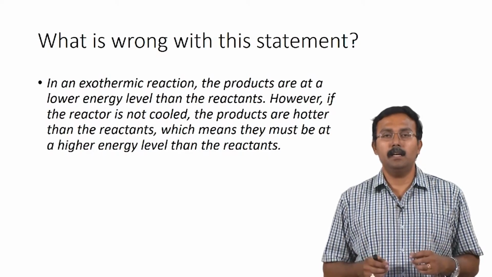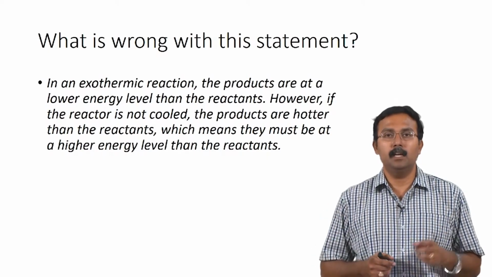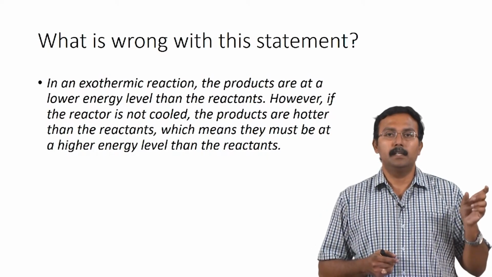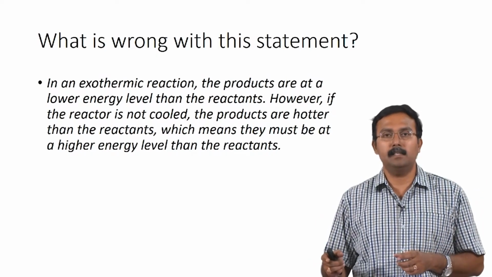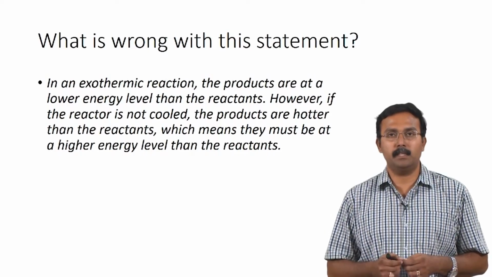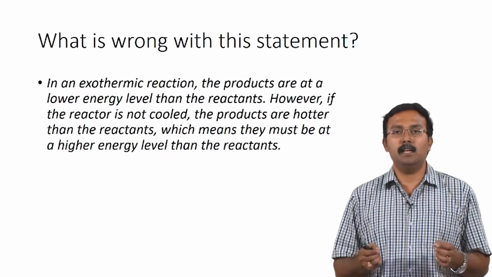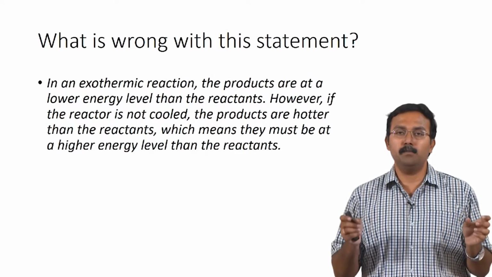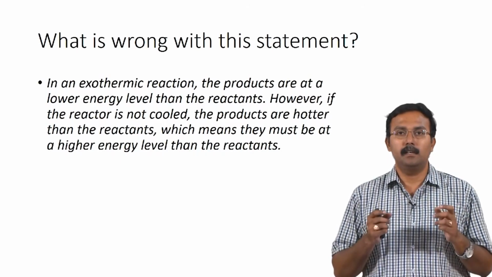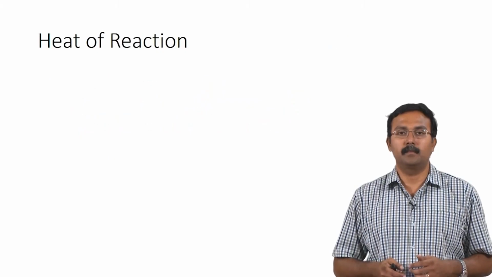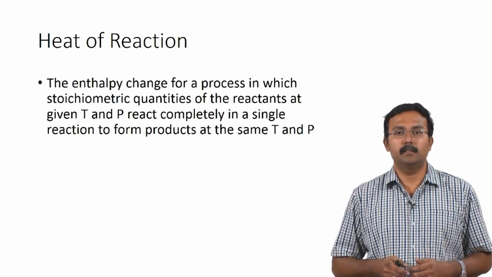Similarly, here for understanding the heat of reaction, we have to assume that the products are formed from the reactants at a constant temperature and pressure, and the change in enthalpy just because of this process happening is the heat of reaction.